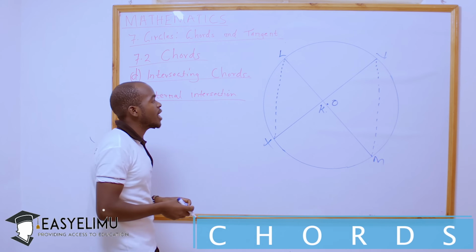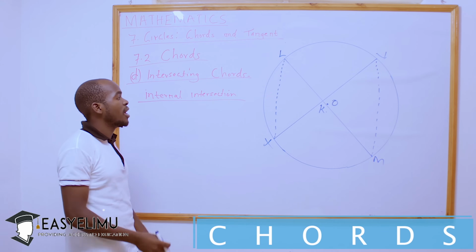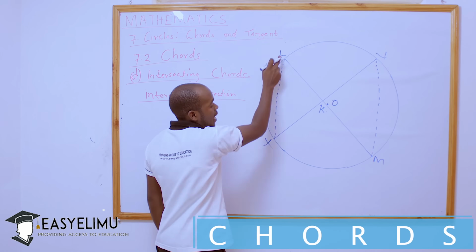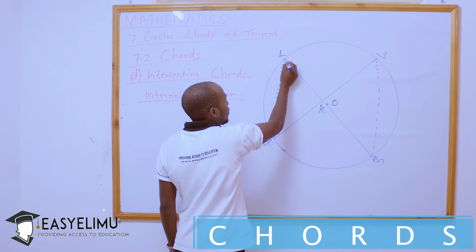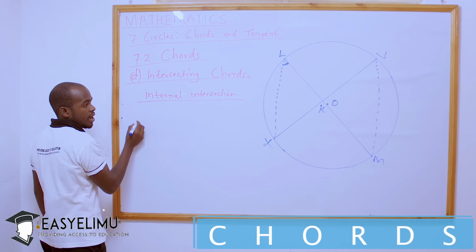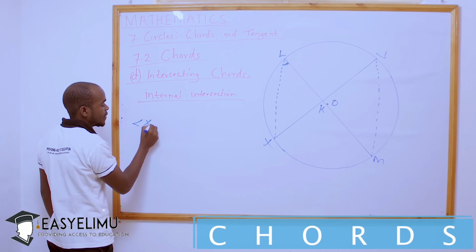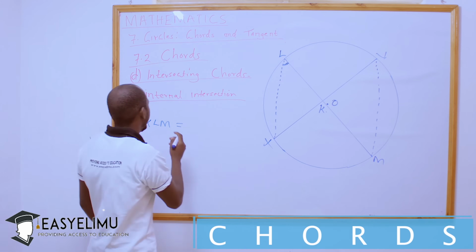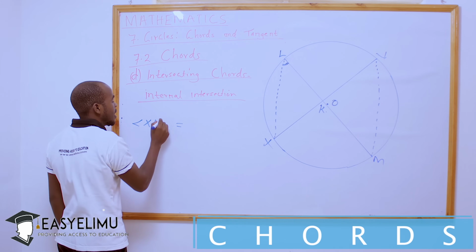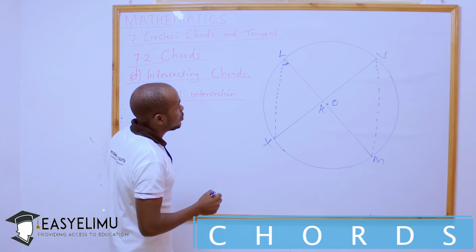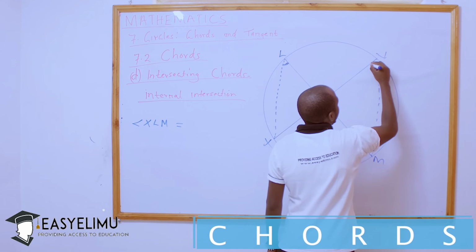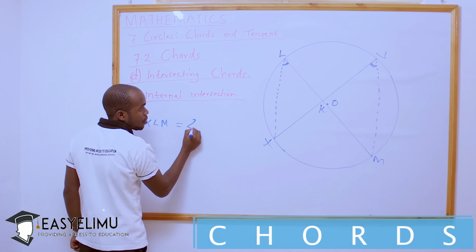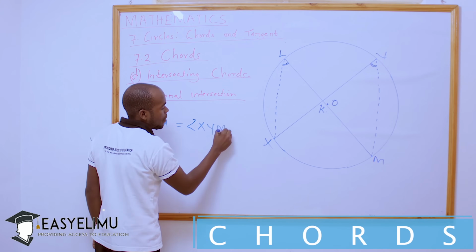We are going to use that relationship to find out that if you find the angle XLM, this angle here, it is equal to angle XYM.